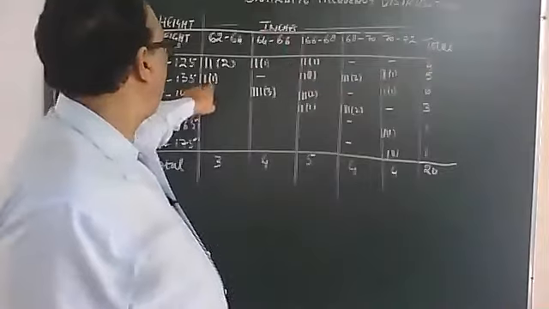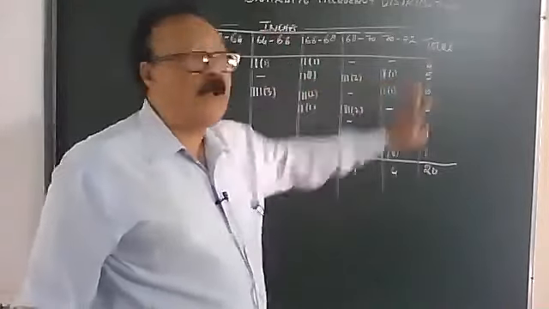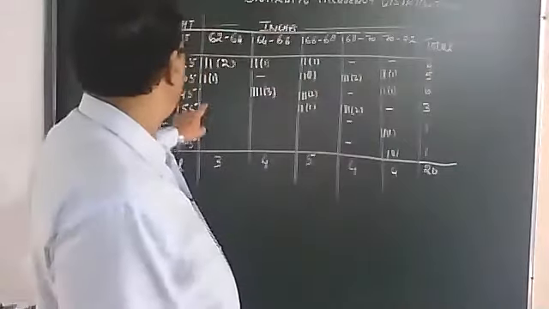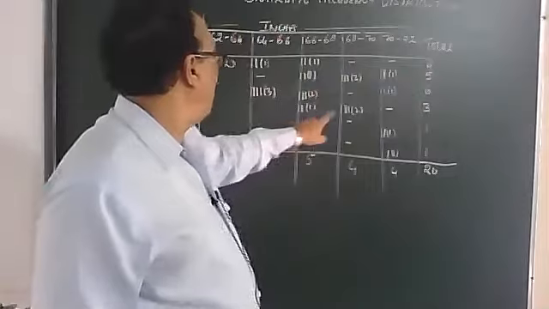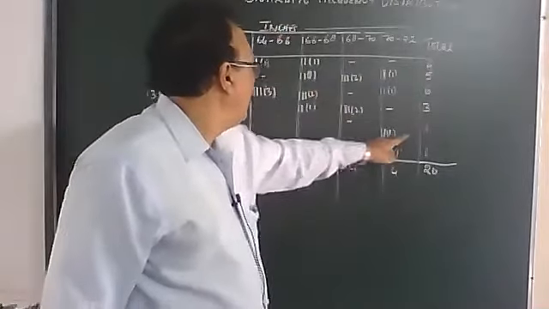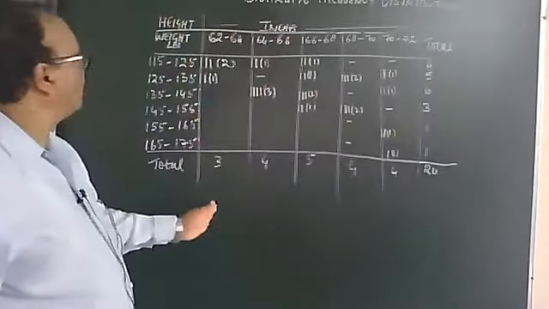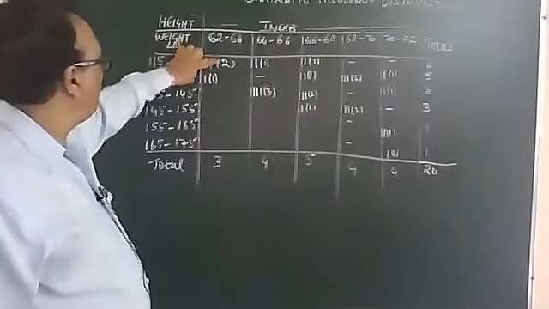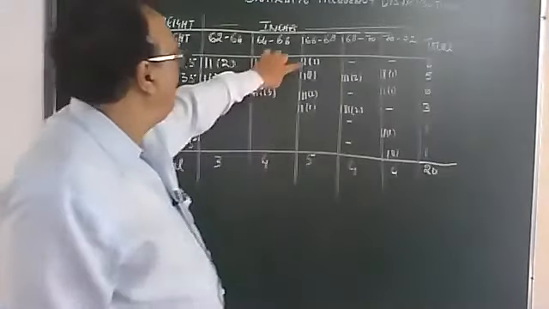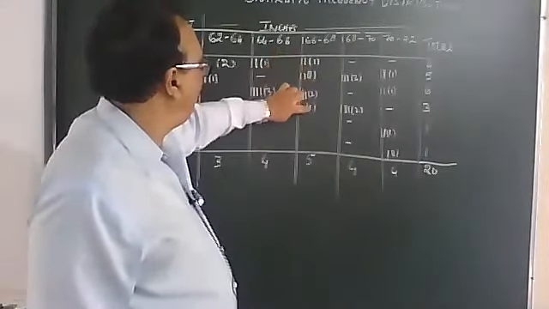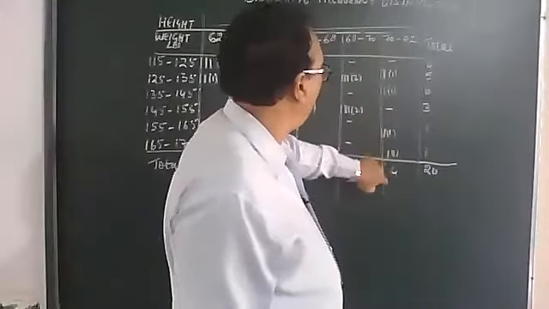Then 1, 2, 4, 5, like that. Then 3, 2, 5, and 1, 6, 1 and 2, 3, 1, 1. Then you total this way also: 2 and 1, 3, 1 and 3, 4, 1, 2, 4, 5, 2 and 2, 4, 1, 2, 3, 4.